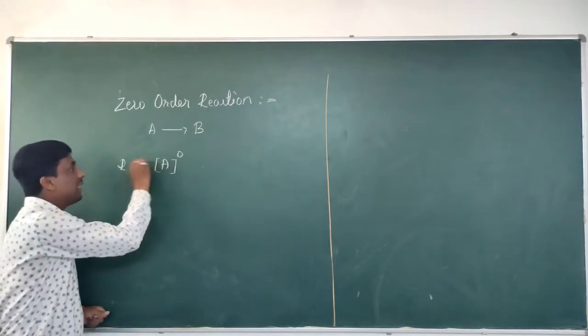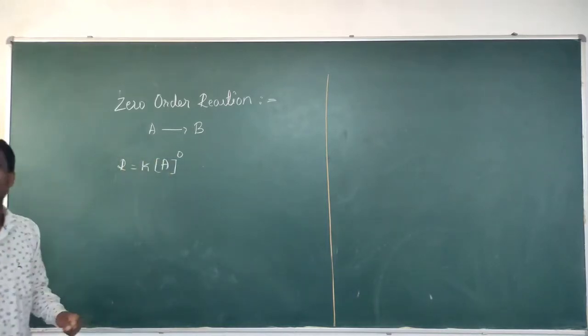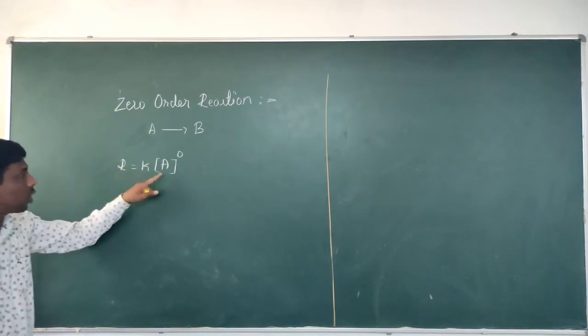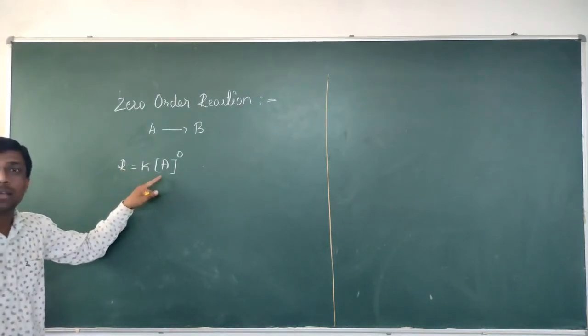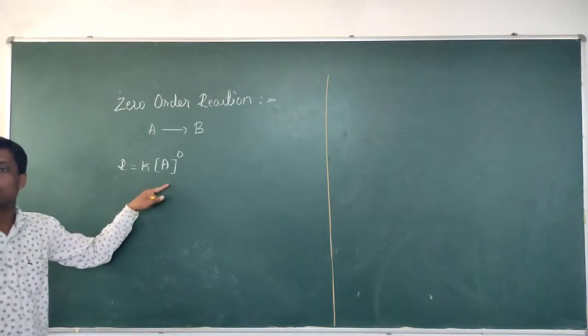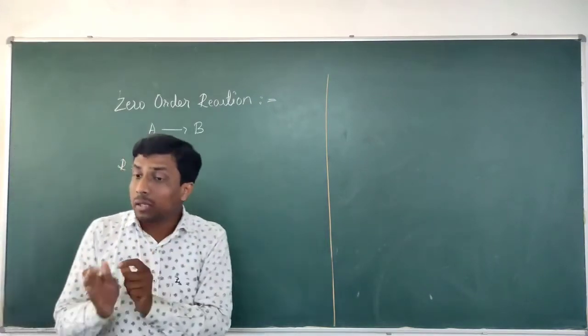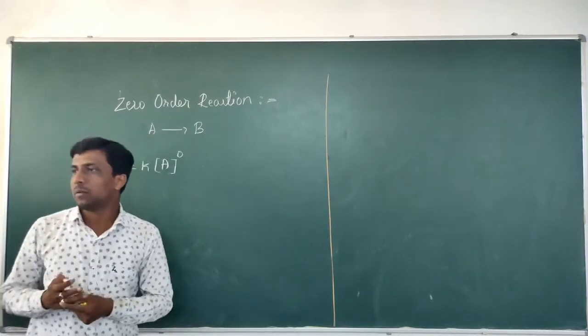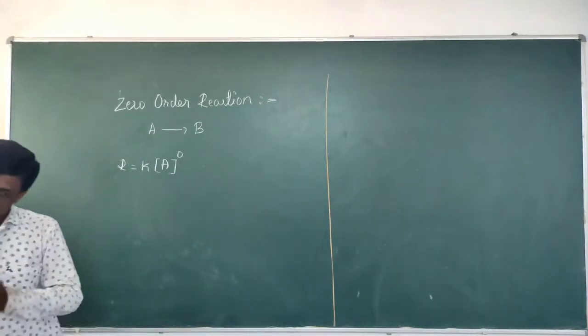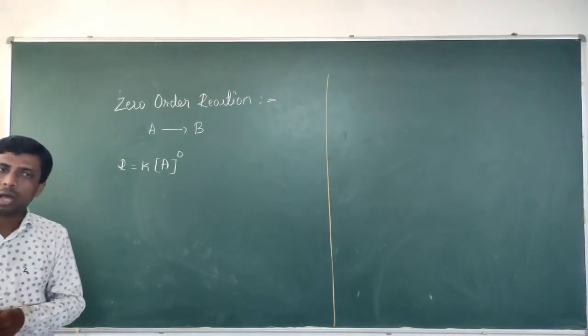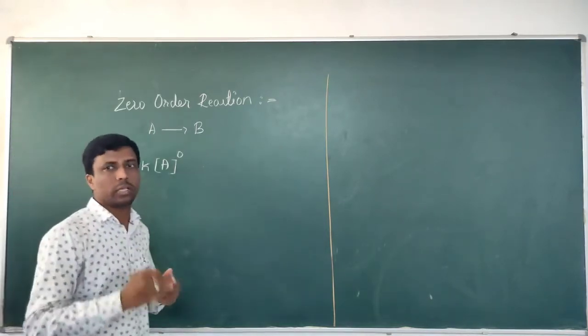Zero means what? It is independent of the concentration of the reactant. Here rate is not dependent on the concentration of the reactant. Rate ಅನ್ನೋದು concentration of the reactant ಮೇಲೆ 0 ಬಂದ್ರೆ ಅದರ ಮೇಲೆ ಡಿಪೆಂಡ್ ಇರಂಗಿಲ್ಲ ಅಂತ ಅರ್ಥ. ನಿಮ್ಮ ಕಾನ್ಸಂಟ್ರೇಷನ್ ಸ್ವಲ್ಪ ತಗೋ ಅಥವಾ ಜಾಸ್ತಿ ತಗೋ ಏನಾದರೂ ತಗೋ ಅದು ಒಂದೇ ಸ್ಪೀಡ್ ಒಳಗೆ ಹೋಗ್ತದೆ.